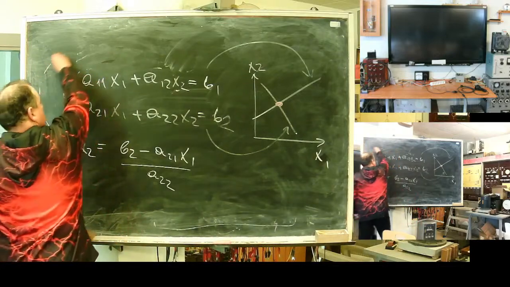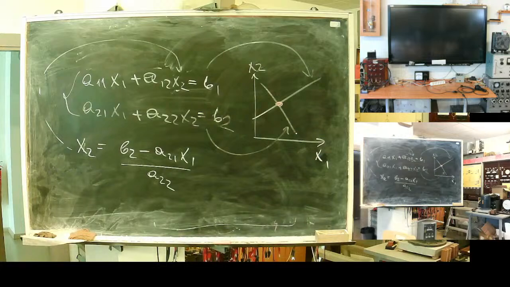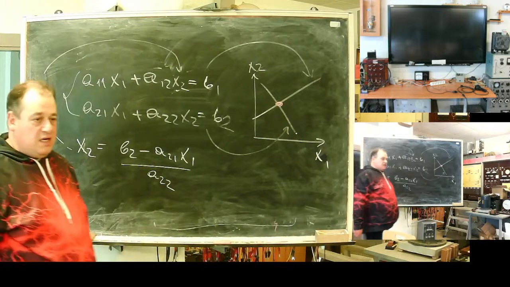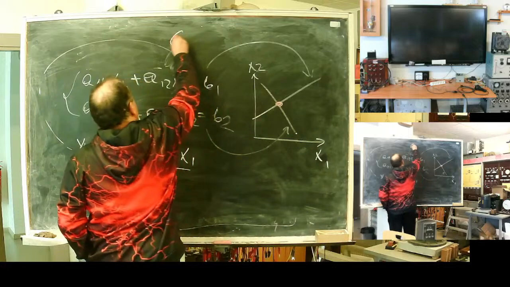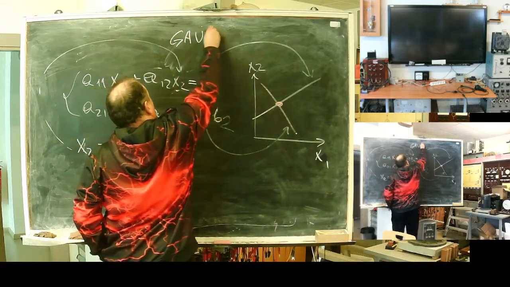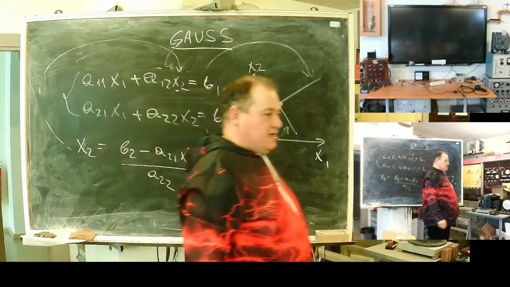And you get a solvable equation for x1. You get x1, and then using this, you get x2. What's the name of this technique? Gauss technique.